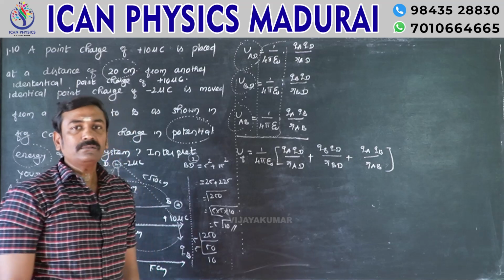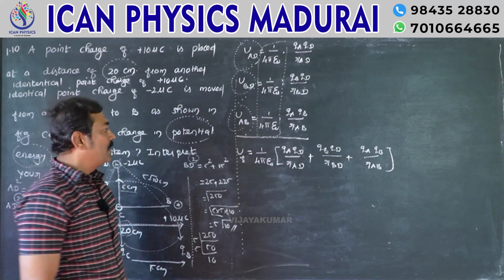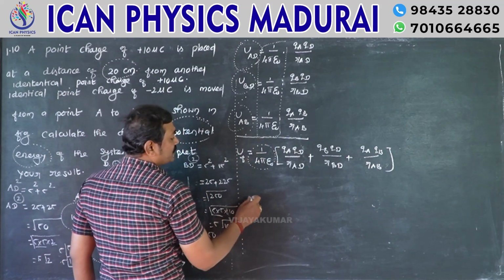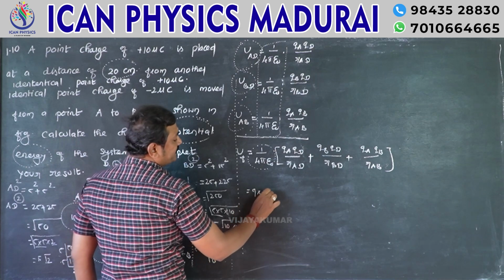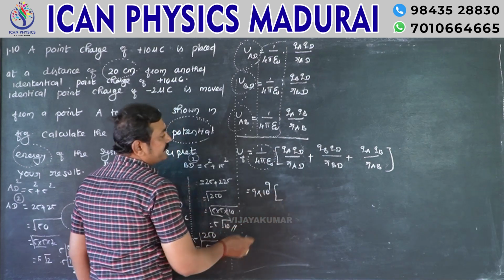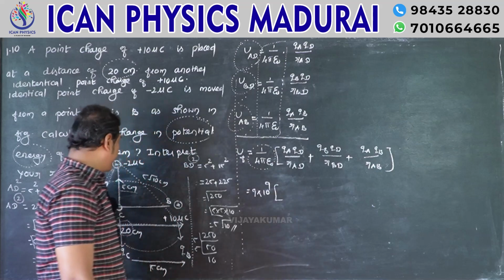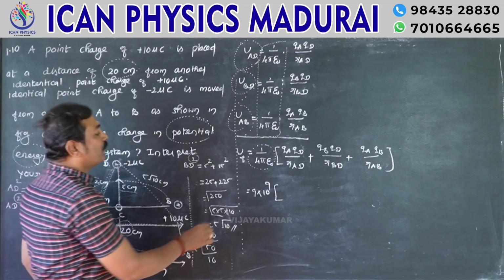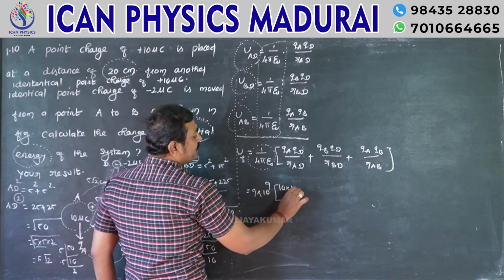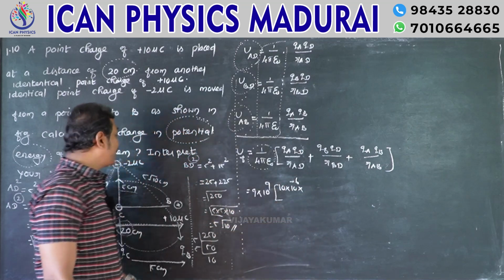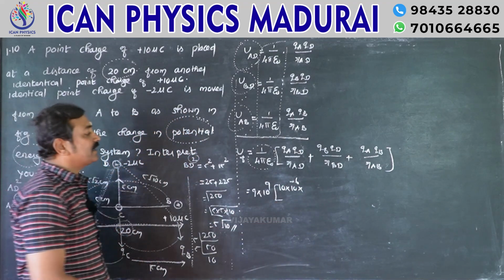Okay, do you get it now? No doubt. Now 1 by 4 pi epsilon 0 is 9 into 10 to the power 9 into QA into QD. QA is 10 microcoulomb, so 10 into 10 to the power minus 6, into QD, minus 2 into 10 to the power minus 6.